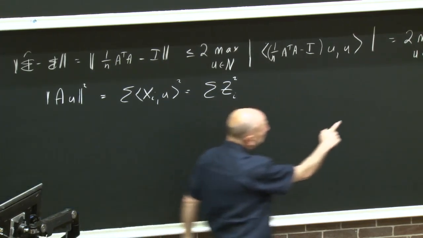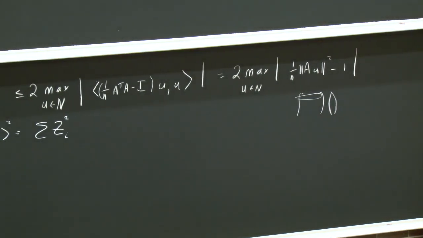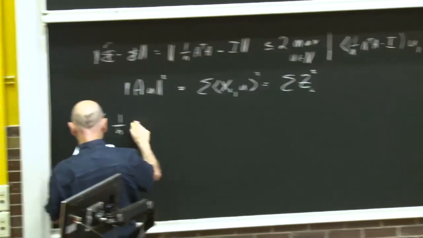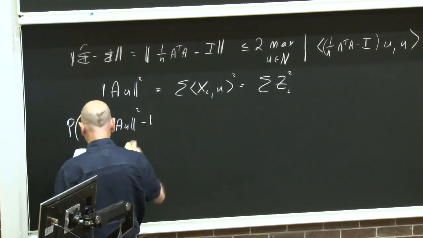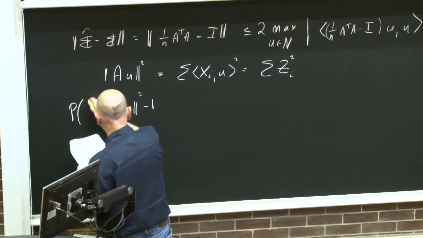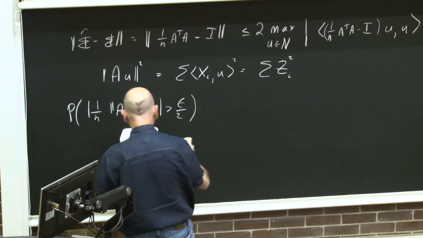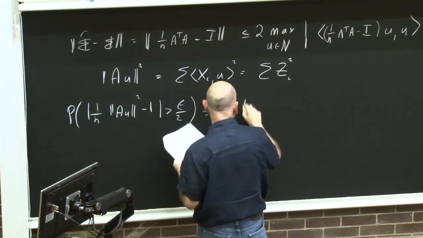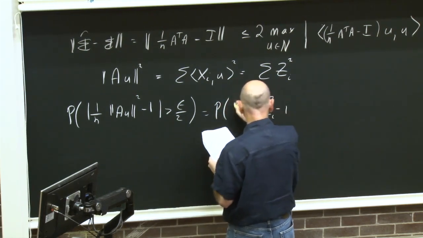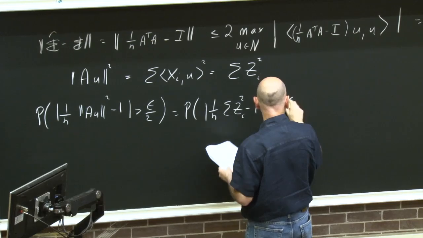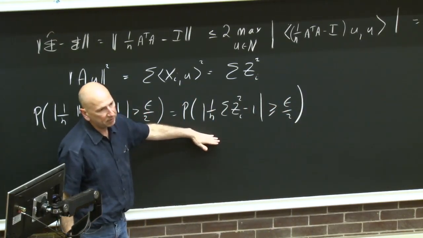The probability that this is bigger than epsilon over 2, the probability 1 over n times this, let's say epsilon over 2, or rewriting it in terms of the z's, and now I'm just going to do the same thing we usually do.